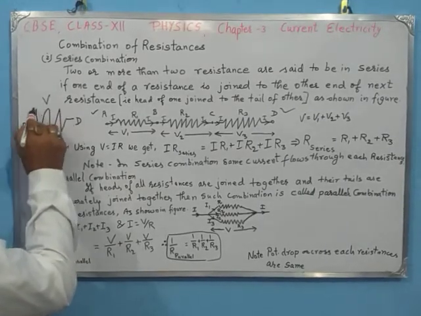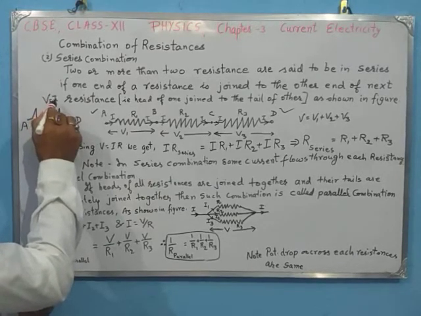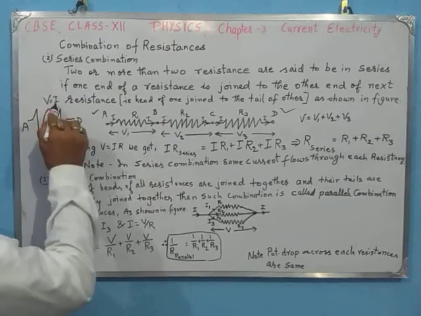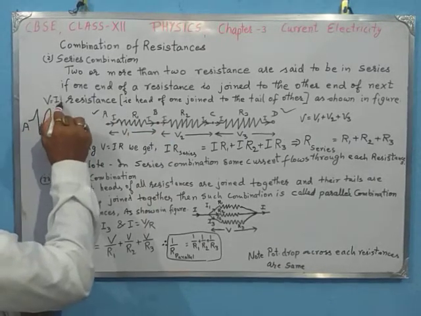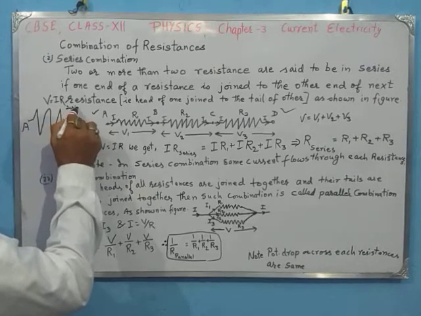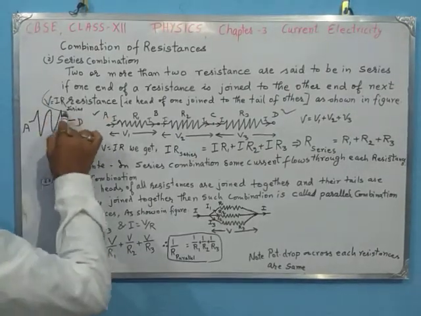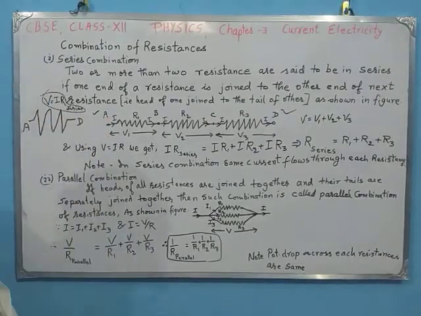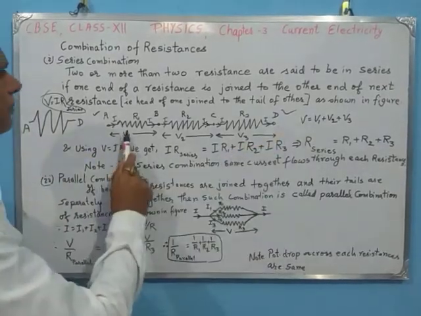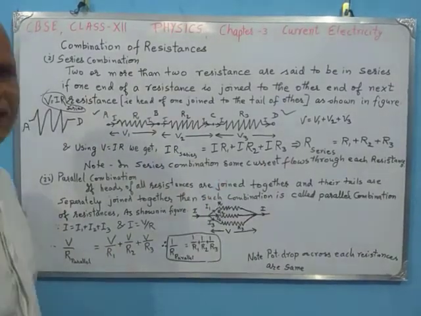Then the potential drop across AD will be equal to the current flowing through AD, and since the same current is flowing through each, we write I multiplied by R series resistance. So for V we can write I R series, for V1 we can write IR1, for V2 we can write IR2, and for V3 we can write IR3.